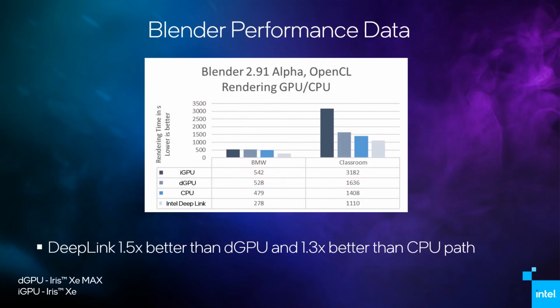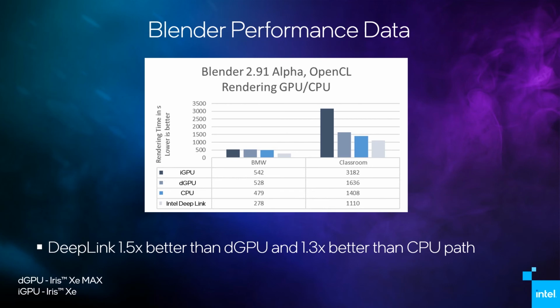Performance results of Blender taking advantage of the multi-device rendering show marked improvement. Deep Link did 1.5 times better performance than using the discrete GPU alone, in this case the Intel Xe Max, and 1.3 times better than using the CPU. The CPU is capable of rendering and has been used to do rendering in Blender for a number of years, so it is quite capable.